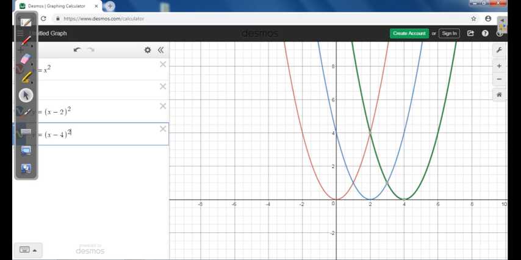Where does that 4 come from? Do you see that 4 inside your bracket? That's where that 4 comes from. You see that 2 inside the bracket right here? That's where that 2 comes from. So whatever your h value is, that's an indication of how many units to the left or to the right you're moving.